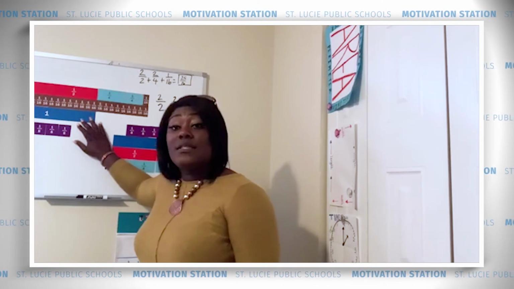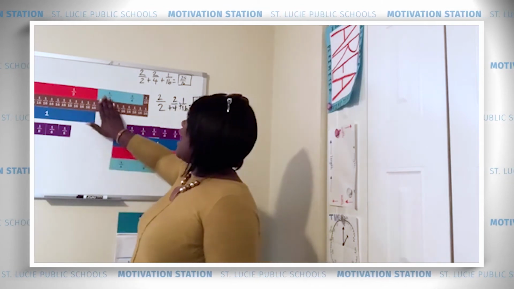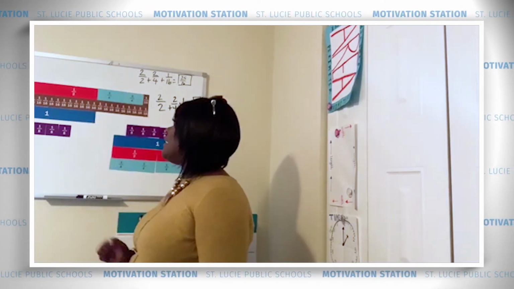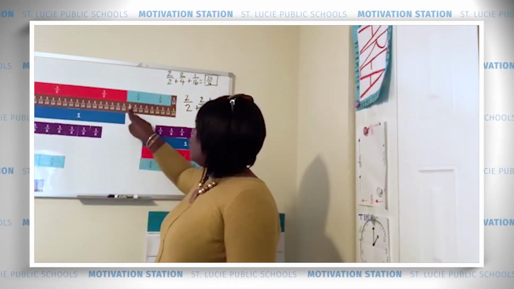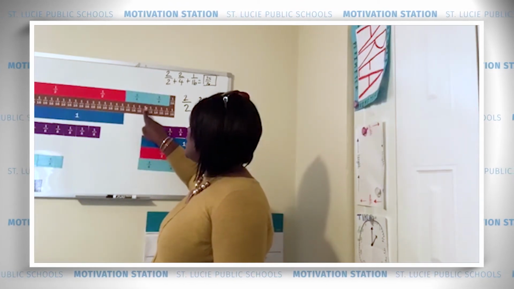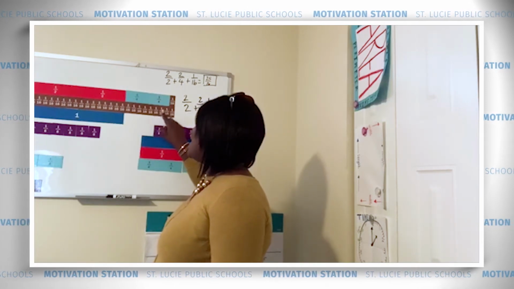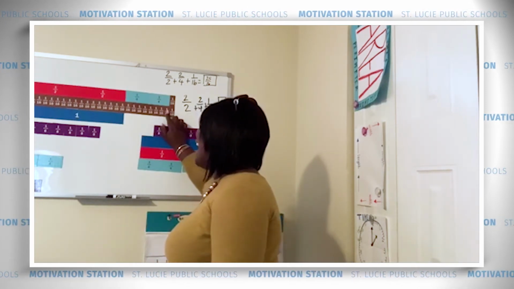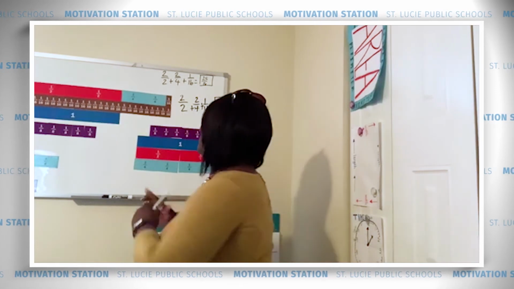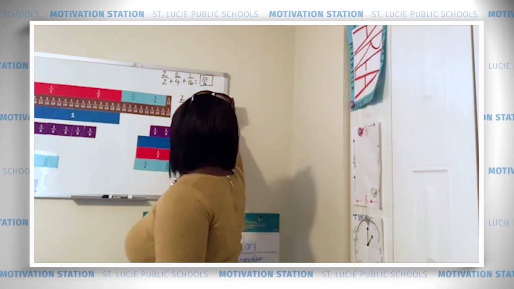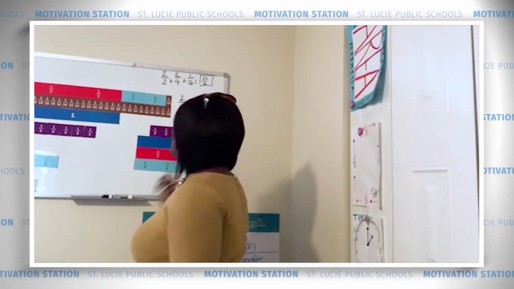In addition to the 16/16, I have the rest of these 16. So I have 1/2 and 1/16, 2/16, 3/16, 4/16, 5/16, 6/16, 7/16, 8/16, 9/16. I have 1/2 and 9/16.